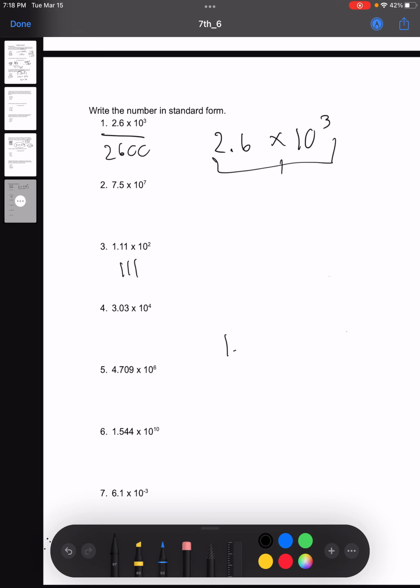We have 1.544 times 10 to the 10th power. In this case, we're going to move our decimal point 10 times to the right.